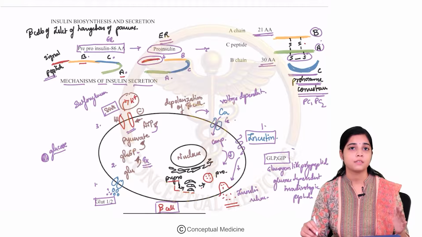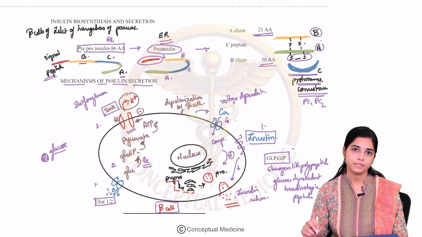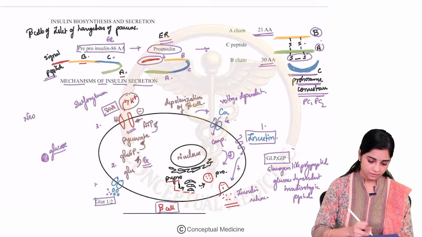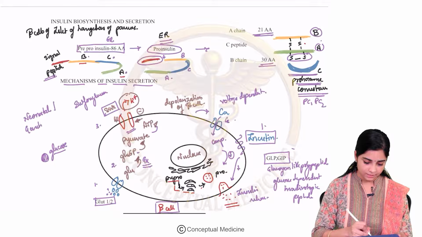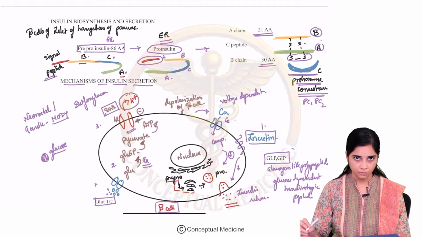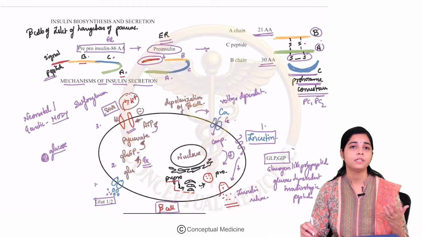Now why is this important? Because if any of this is affected, it can result in neonatal diabetes or genetic forms of diabetes like your MODY. Okay. For example, this potassium ion channel has a subunit like KIR 6.2. If that is affected, you can have neonatal diabetes.